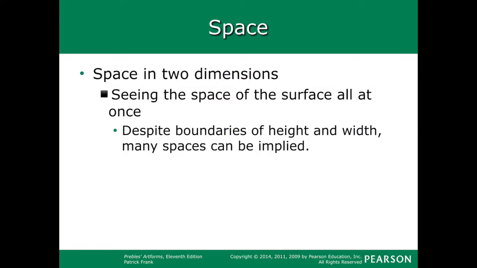When it comes to space in more two-dimensional works, we're actually looking at the work all at once. And that is the main difference between space on a 2D work and space in a 3D work, where we actually had to interact with it more. But on a 2D surface, we're looking at the whole thing all at once.